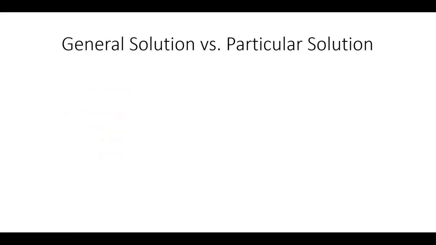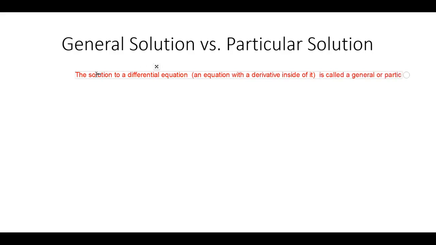We've already kind of hinted at general solutions versus particular solutions, but what do we mean by solution? The solution to a differential equation, and what is that? That's an equation with a derivative inside of it, is called a general or particular solution.